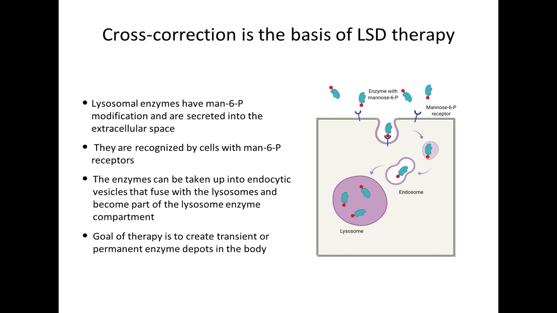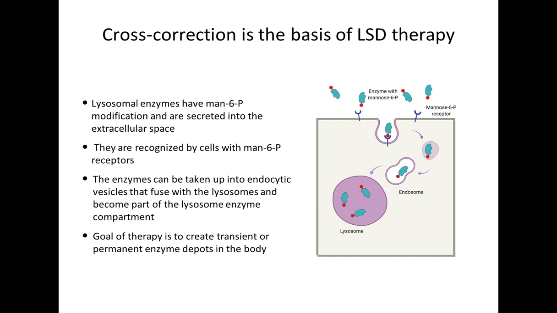They are modified with mannose-6-phosphate residues, which I'm showing you here with the red blobs, and they can be internalized by any cell that has a mannose-6-phosphate receptor. So what this means is that a cell with enzymatic activity can effectively correct a cell without enzymatic activity, and this property, known as cross-correction, is the basis for all the therapies that have been designed for these diseases.